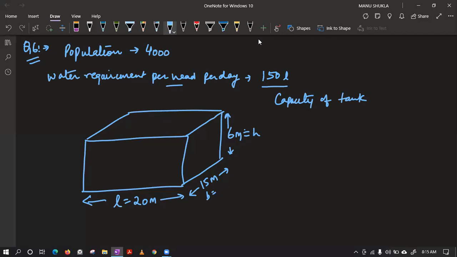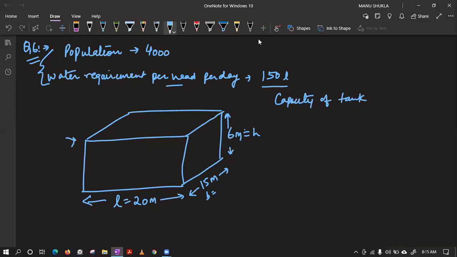Can anyone tell me the required equation in this question? What we need to find? Can you relate that in terms of equation? How you can equate the capacity and these things? Is there any relation between the capacity of the tank and the population and their water requirement?